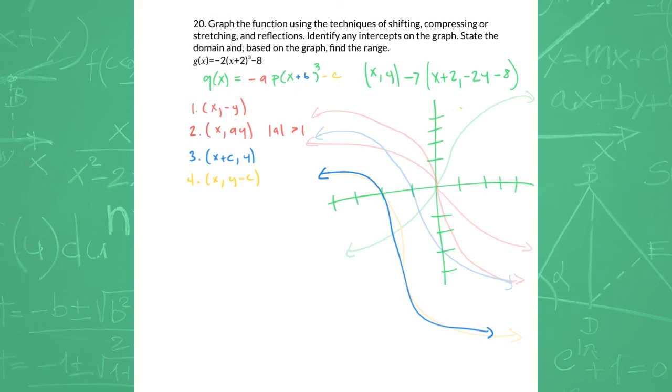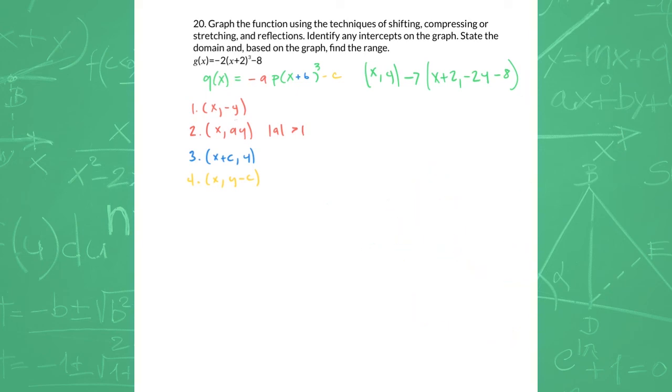And I'm going to erase all of this extra stuff and just sketch a picture of our graph all by itself. Okay, so now that we have a picture of our graph, let's go ahead and identify our intercepts.